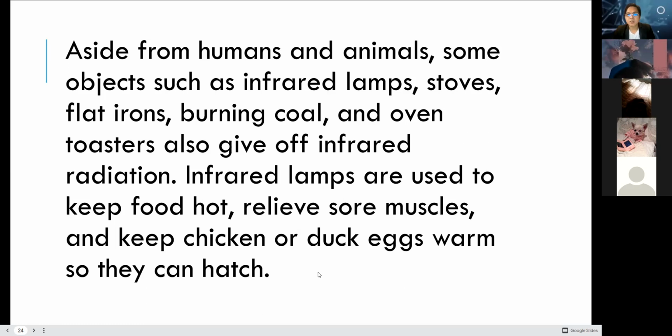Infrared lamps are also used to keep food hot, relieve sore muscles, and keep chicken and duck eggs warm so they can hatch. Another good example is when you're having your sinugba.